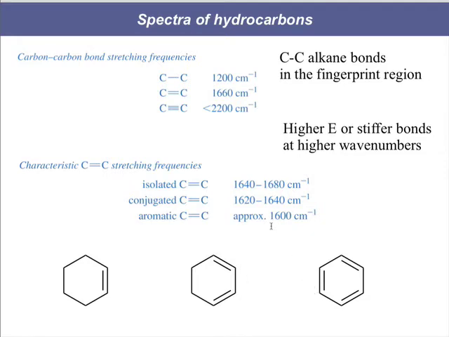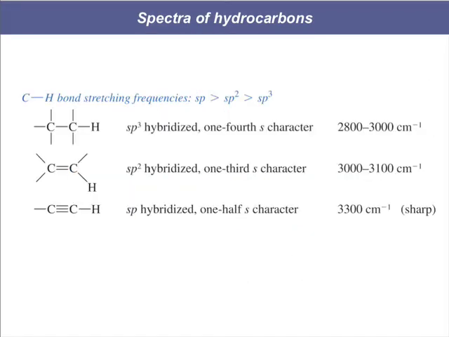We can also differentiate in IR between sp3 hybridized carbon-hydrogen bonds, sp2 hybridized carbon-hydrogen bonds, and sp hybridized carbon-hydrogen bonds. Remember that sp3 hybridized bonds have 1/4 S character. They are 75% P character, meaning that they are more elongated.